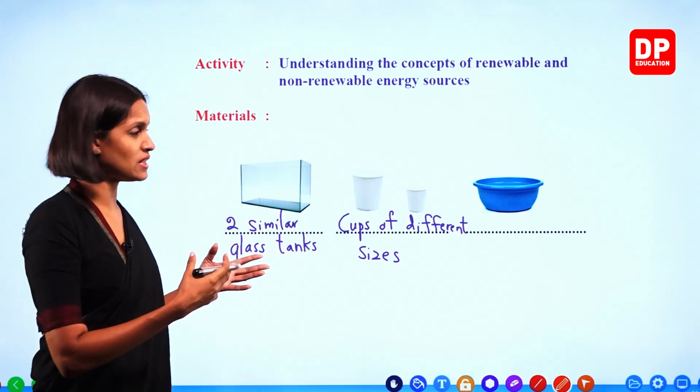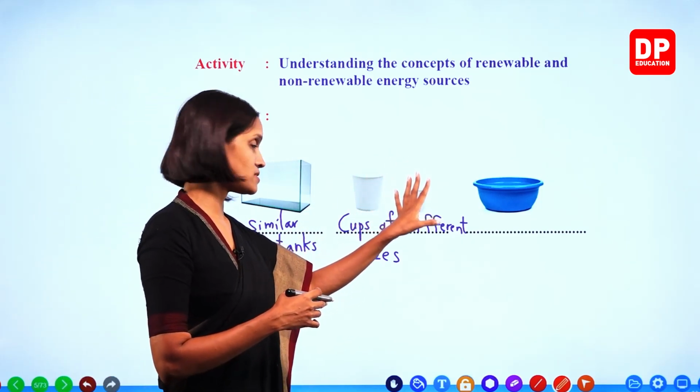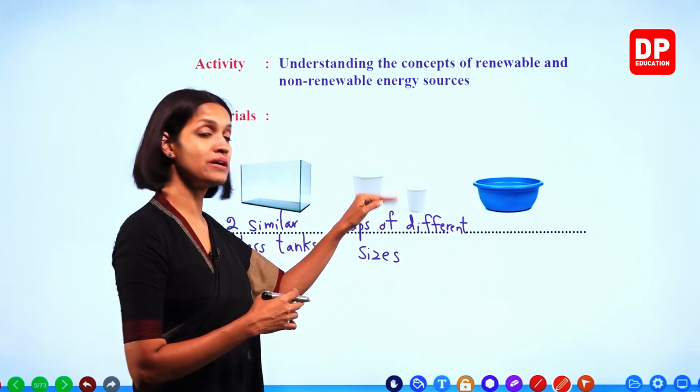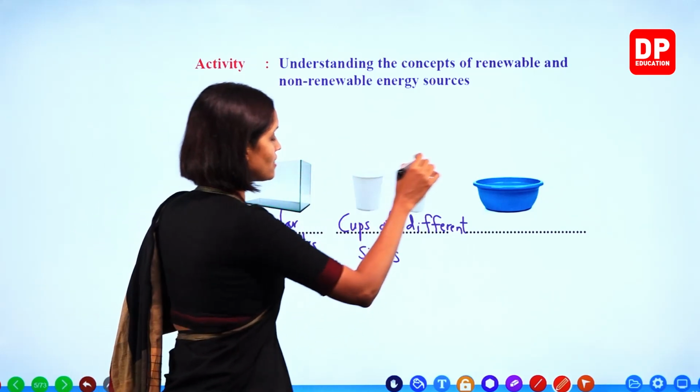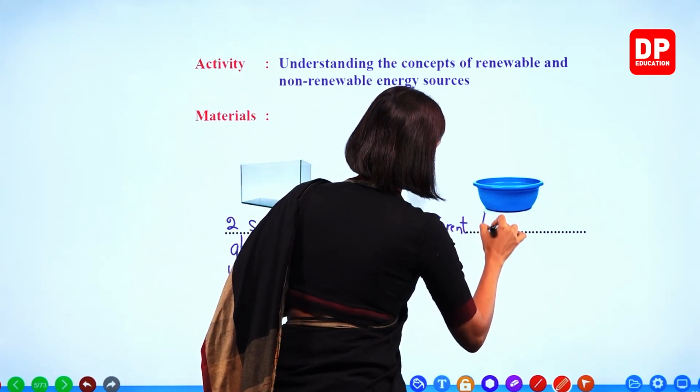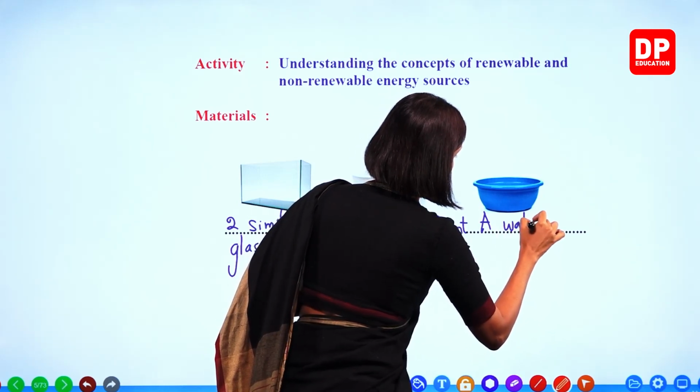Two sizes should be there. Three cups of the same size and one cup of a larger size, okay? And then we need a water basin.